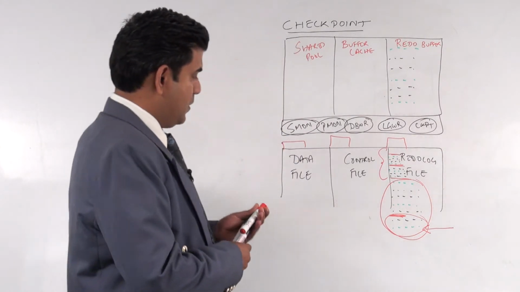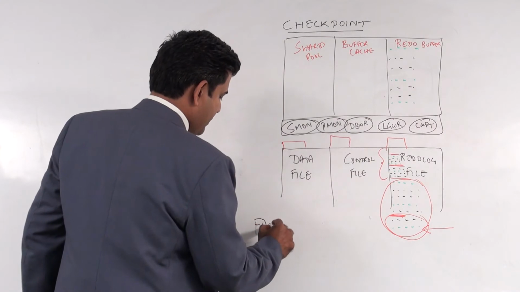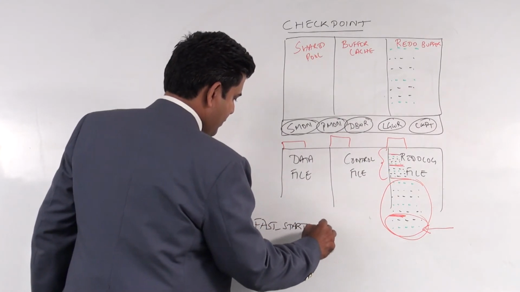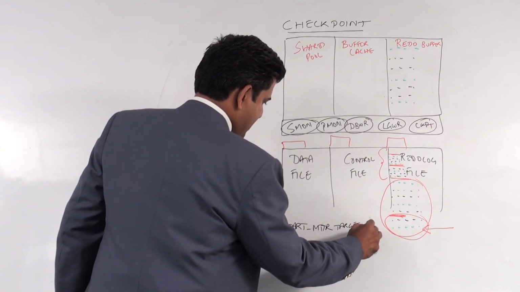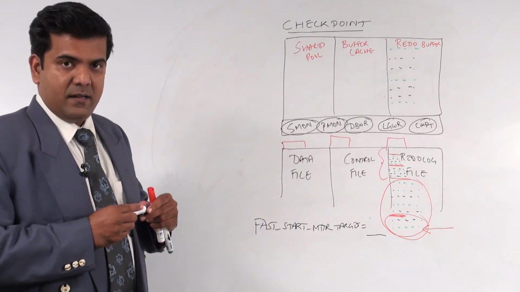For this purpose, Oracle introduced a parameter called fast start MTTR target.